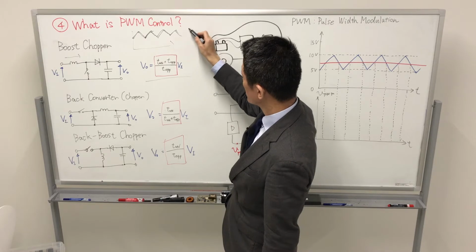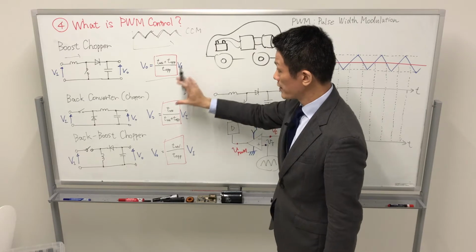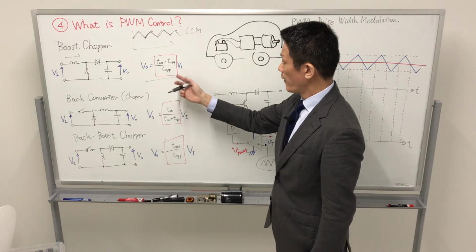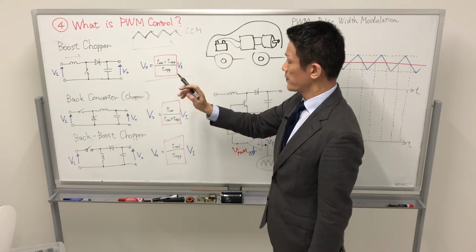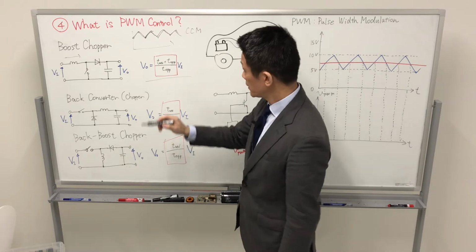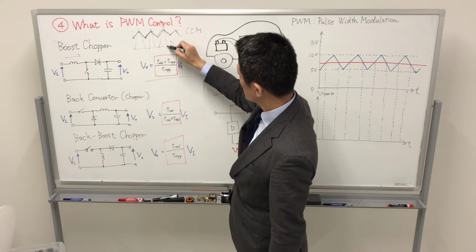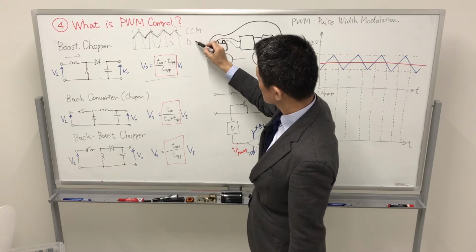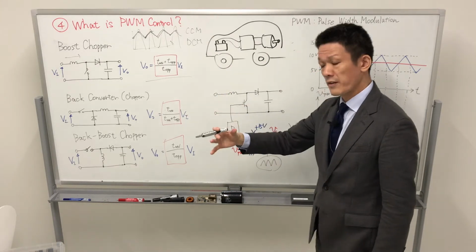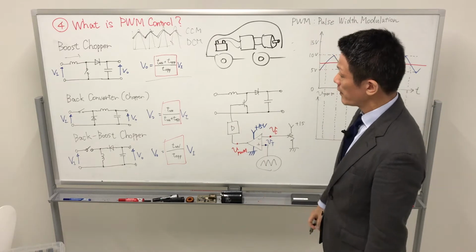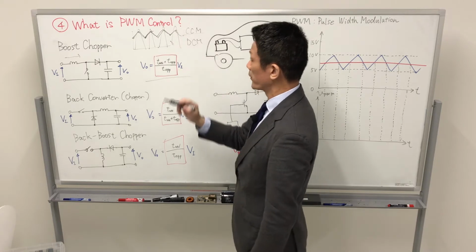We call this mode the continuous current mode. In this case, we can obtain the output voltage from this equation. However, if the inductor current reaches zero, leaving the continuous current mode, the equation changes, another principle. So please note that our discussion is only the CCM mode.